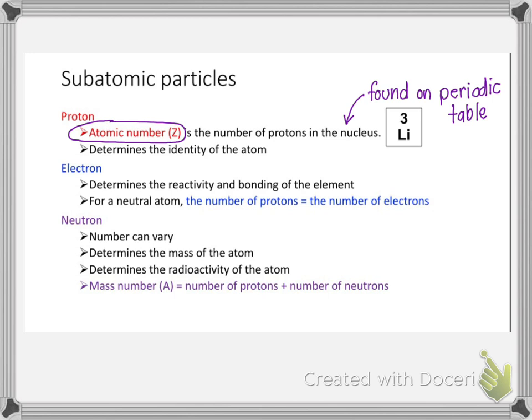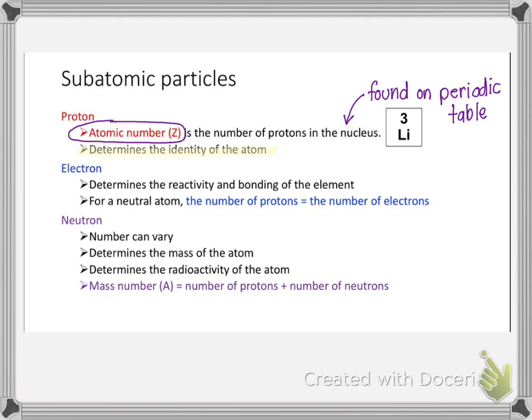So the atomic number is the number of protons, and it can be found on the periodic table. And we're going to look more into that as we keep going. The important thing about the proton is it determines the identity of the atom.